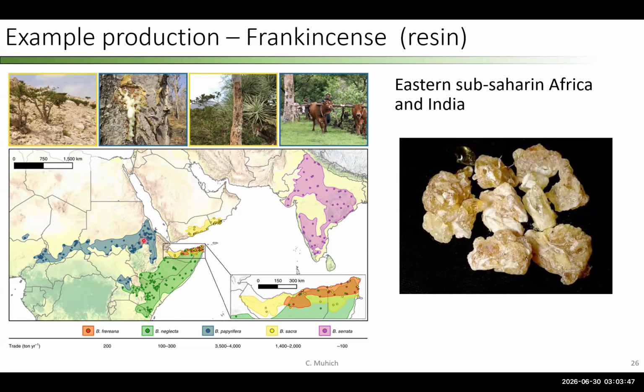And this is coming not just from a single species, but from 5 major species shown here in this map. So still, again, a very concentrated region. But you have different species of plants generating the same or similar compounds that we as humans are grouping together into this resin called frankincense.